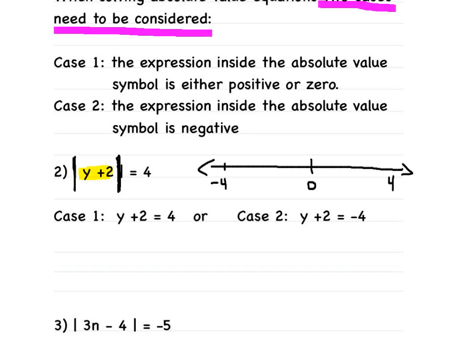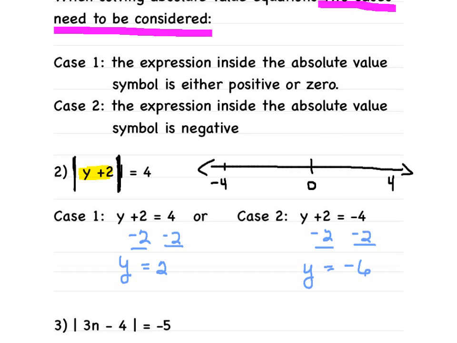Okay, so let's start with case number 1. In order to solve this equation, y plus 2 is equal to 4, we'll subtract 2 on both sides. And we have y is equal to 2. In case number 2, again, we will subtract 2 from both sides. And our solution is y is equal to negative 6.